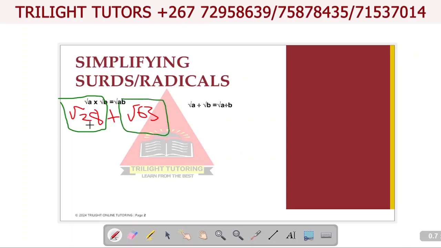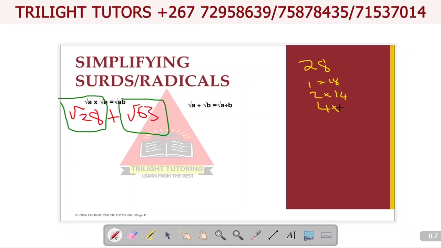So with the first part, we have 28. What are we going to do with 28? We're going to break it down. We're going to look whether it has a perfect square among the factors of 28, and then we simplify it. So we're going to write 28. Remember, we have 1 times 28, 2 times 14 is 28, 4 times 7.